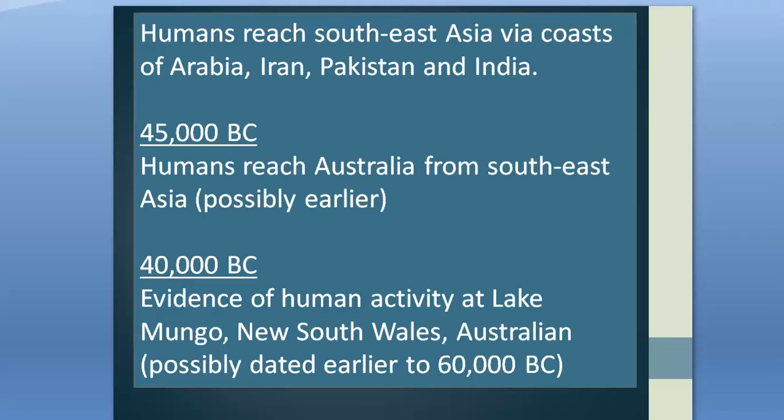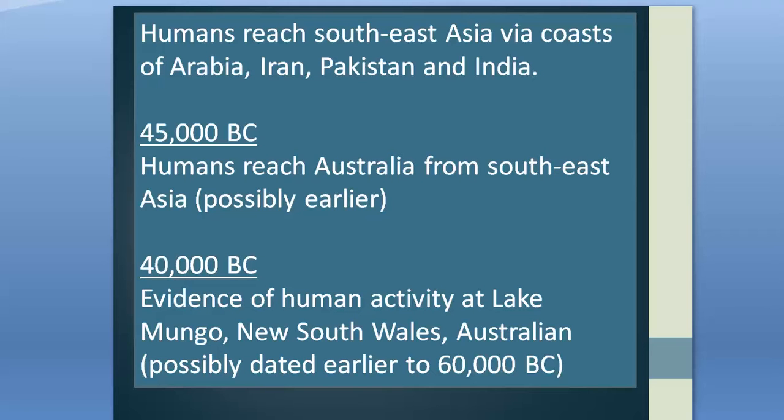In 40,000 BC, there was evidence of human activity at Lake Mungo, a central feature of Mungo National Park, situated in southwestern New South Wales, 760 kilometers west of Sydney. The site contained stone tools as well as remains of a male and female known as Mungo Man and Mungo Lady.